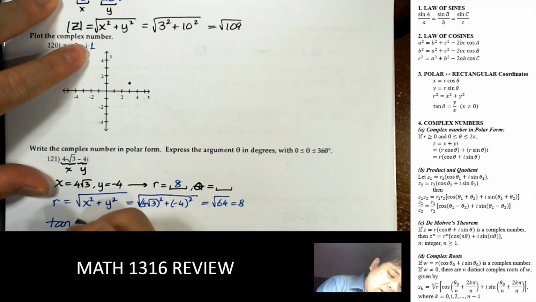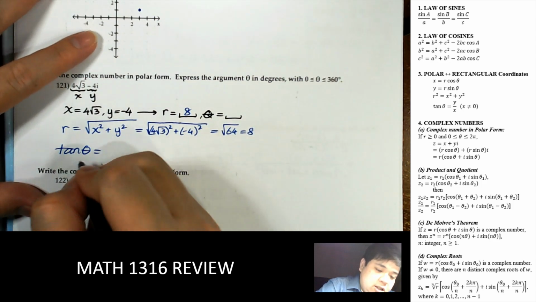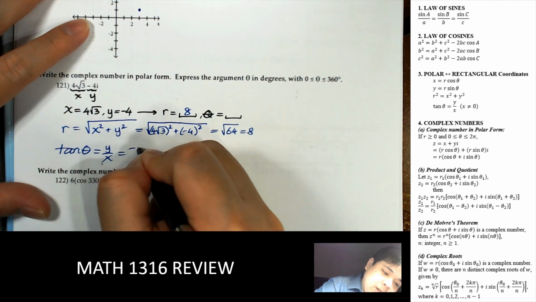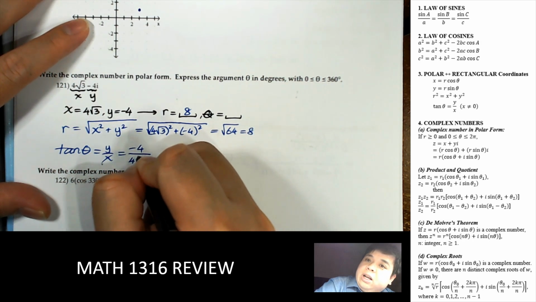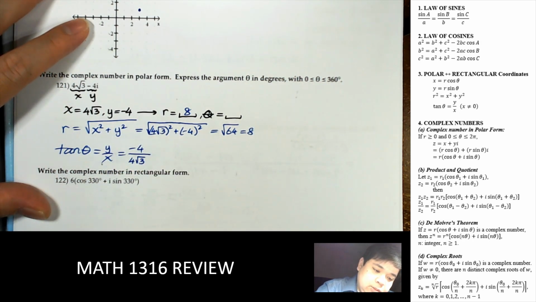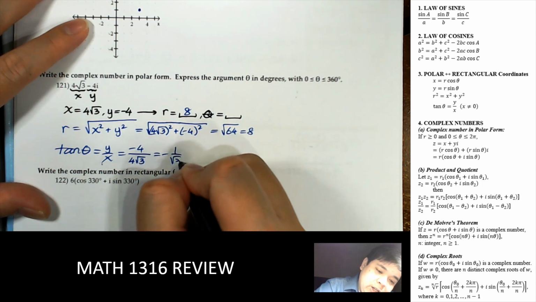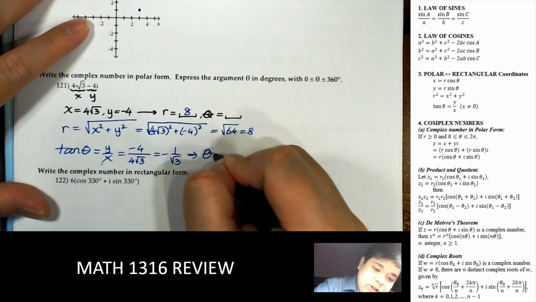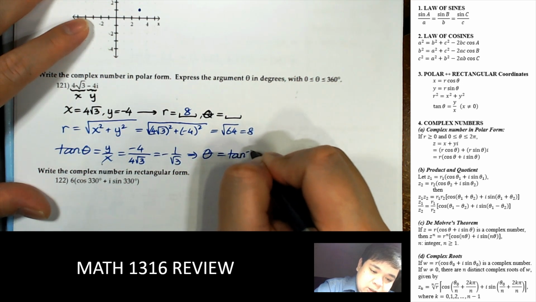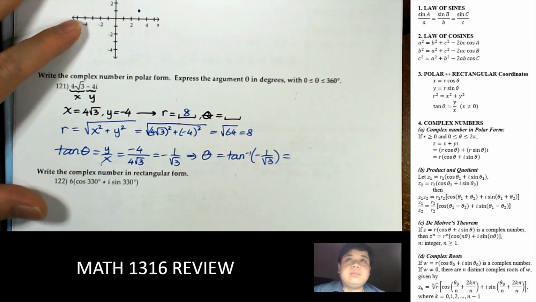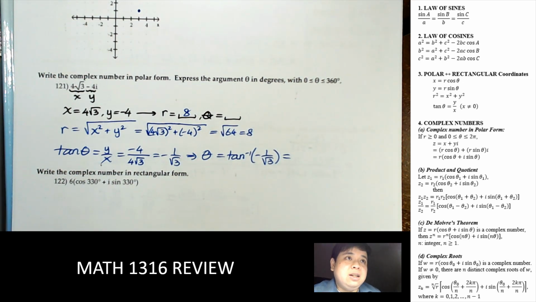Tangent of theta is y over x. So that is negative 1 over square root of 3, taken inverse. Of that, we should have negative pi over 6.